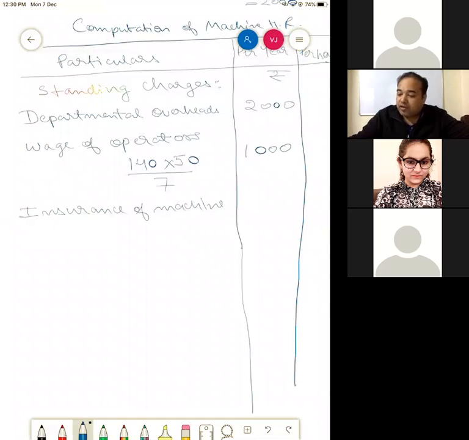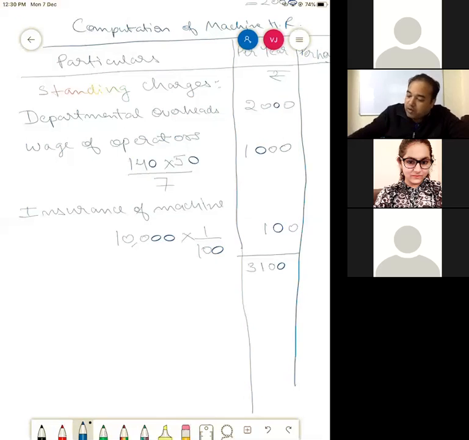Now 1% of what? 1% of the cost. So machine cost is rupees 10,000 and we have to take 1% of that. So yearly our insurance is rupees 100. You add up all these, you get 3,100. These are your yearly expenses.